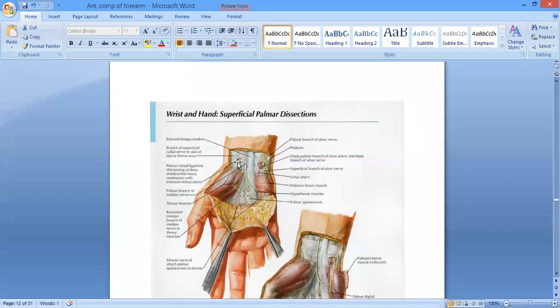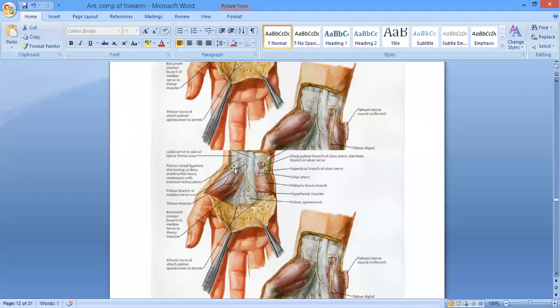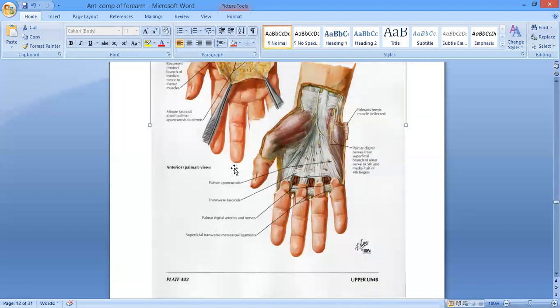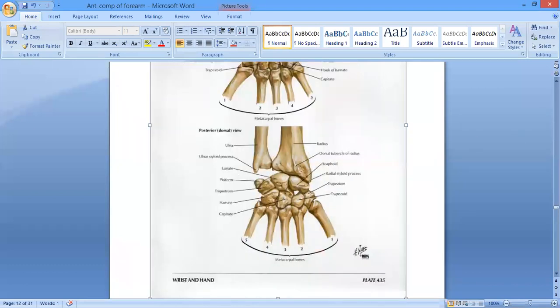Now, as far as the flexor retinaculum is concerned, I told you it is the thickening of the deep fascia on the anterior aspect of the lower wrist, right? It holds the flexor tendons in their place, right? Now it stretches across the wrist, okay? Does anyone remember the carpal bones?